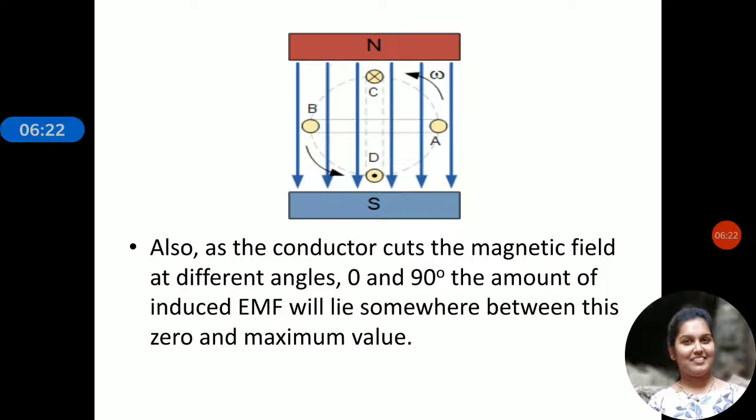Here in this diagram we can see two poles, north pole and south pole, and the conductor AB is moving between the north pole and south pole and cutting the magnetic lines of flux between these two poles.